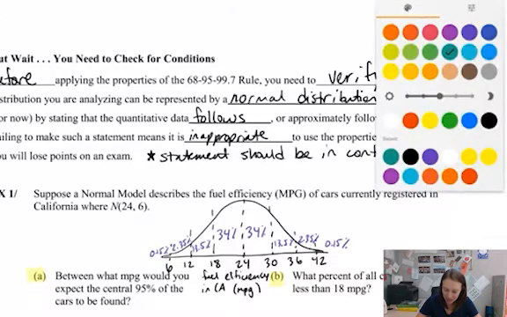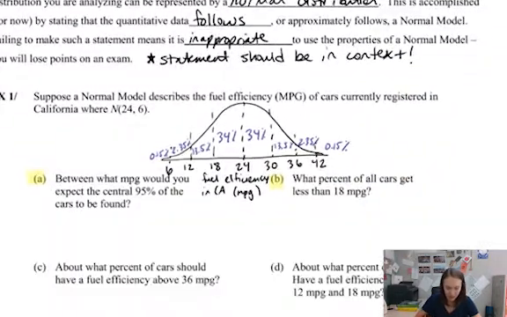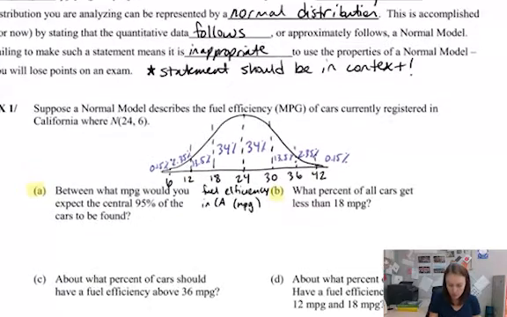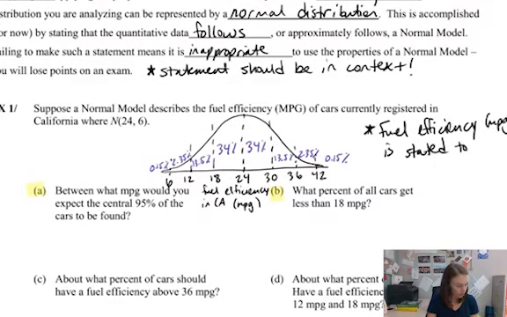So what that's going to look like, for example, let's look at number 1 here. Suppose a normal model describes fuel efficiency in miles per gallon of cars currently registered in California. So it says a normal model describes this. So we want to make a statement, something like fuel efficiency in miles per gallon is stated to follow a normal model.